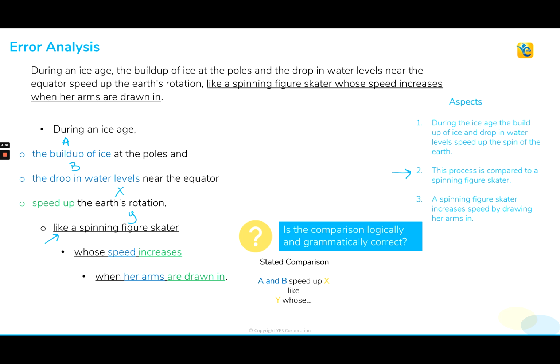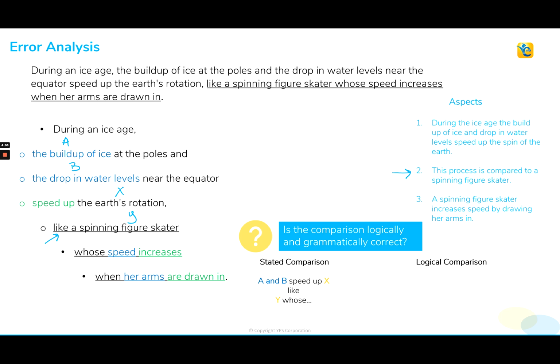And that's not going to be logically or grammatically correct, because we use like to compare noun entities, but here we have a process, or the way the Earth's rotation is spun up. That's more of an action, and we're using like to compare an action to a noun. So we know we can't do that.